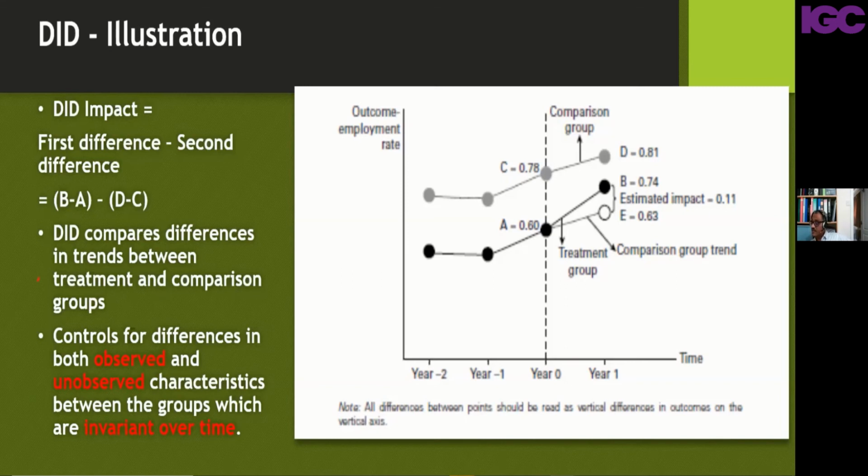So you are taking into account what would have happened in the comparison group, both with and without the program. And so, of course, we are making an important assumption that the differences in characteristics between the two groups do not change over time.